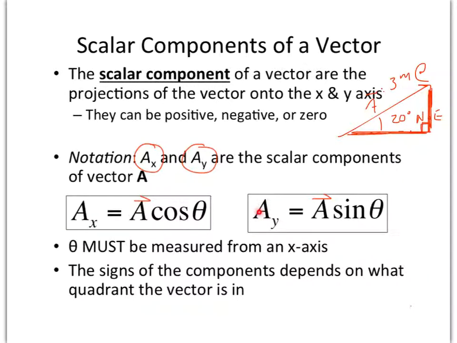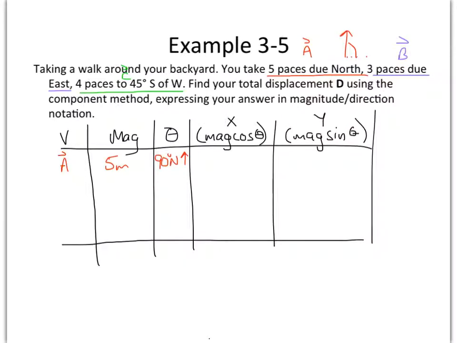And so we said before, to find the x component, we take the full vector, which is really the full magnitude, times the cosine of the angle theta to get the x. And then for the y component, we take the whole magnitude of the vector times the sine of that angle theta. And that's why I write mag cosine theta and mag sine theta at the top of our table right there, because that's just a reminder to me of what I need to do to get the x component and the y component.